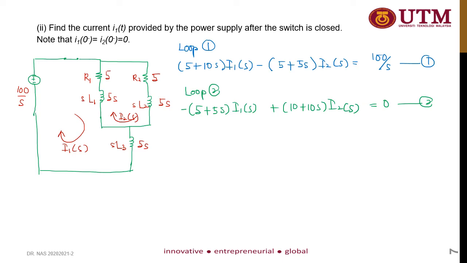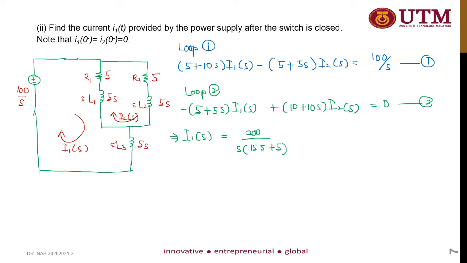So please solve equation 1 and equation 2 to get final equation of I1(s), in this case equal to, so this is the simplified step, so please make sure you derive equation 1 and 2 until you get I1(s). So in this case I1(s) equal to 200 over s(15s plus 5).